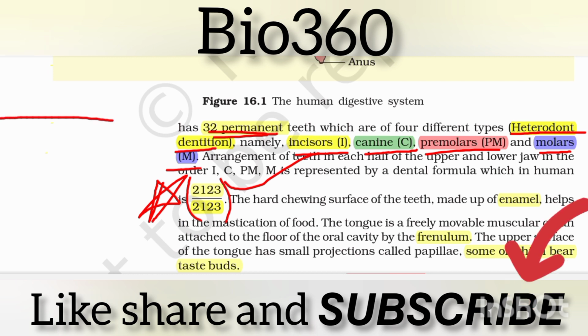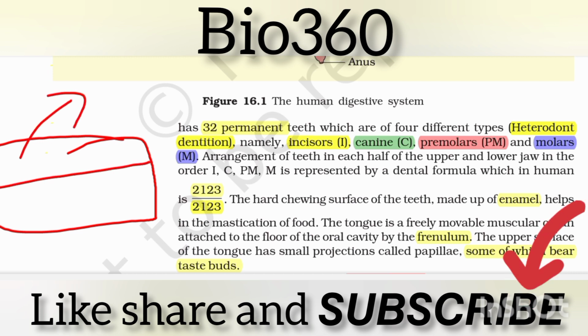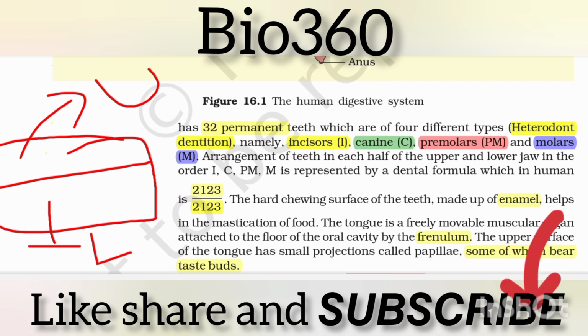So now imagine it's our mouth, it's our upper jaw, it's our lower jaw, and we will divide our mouth into two parts.